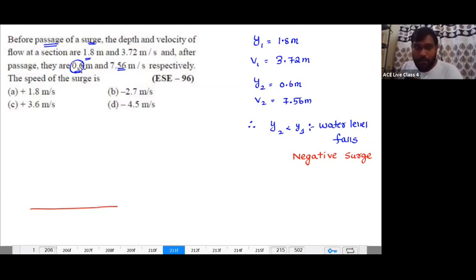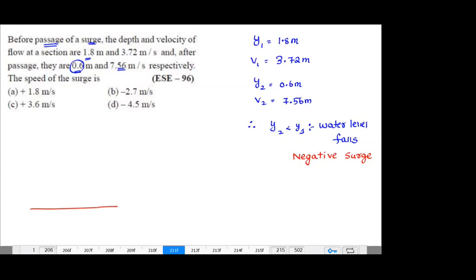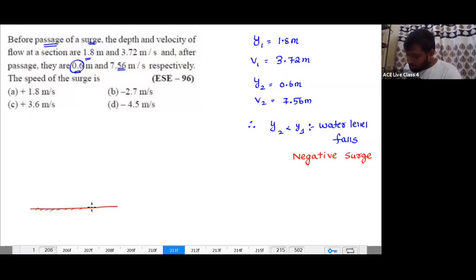And after passage, they are 0.6 meters and 7.56 meters per second respectively. This is a negative surge traveling towards the downstream. Yes. So this is a negative surge.